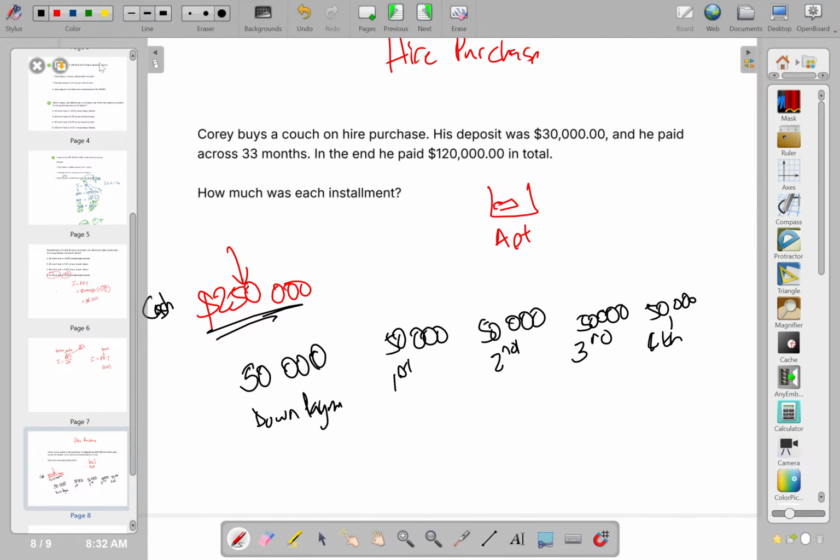No. Think about it from the store owner's perspective. If he is going to be flexible with you, he can't just say, I want the same amount as another person will pay me up front. No, man, I have to put some interest on top of your installments then. It's like a charge that I'm putting on because I'm being flexible.